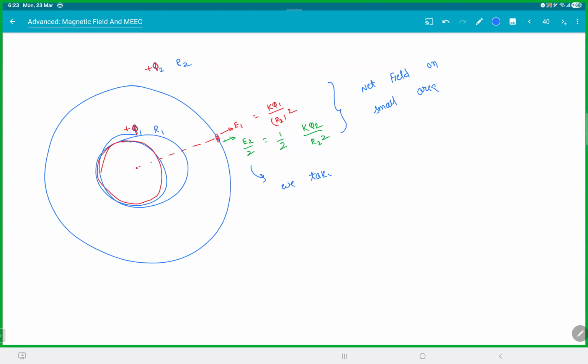But the outside shell, you have to remove yourself and get the field due to others on you. I hope that is clear. That half part is coming every time, and that's important. Whenever you take those hollow things, that half will always come popping up. So we take half since it is due to the remaining shell. Okay?